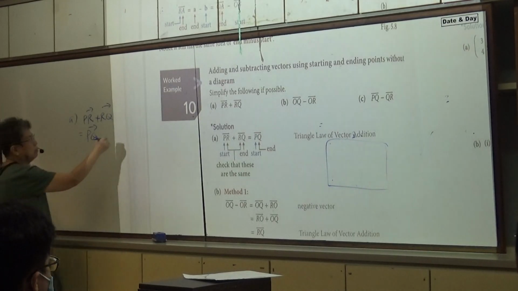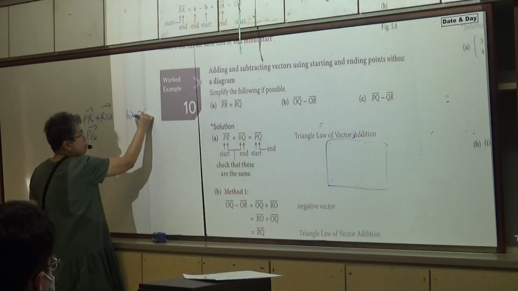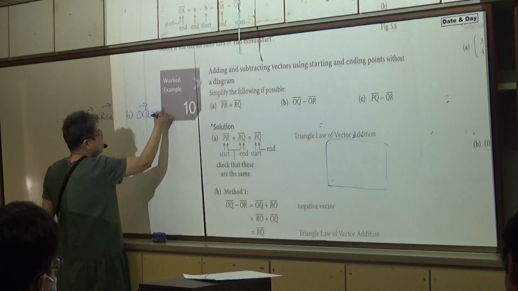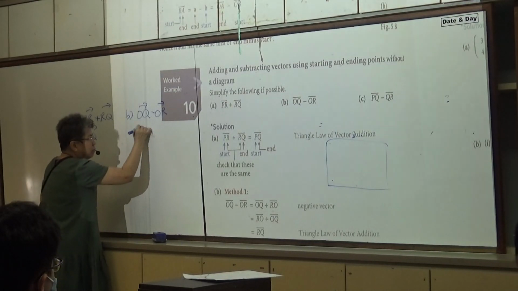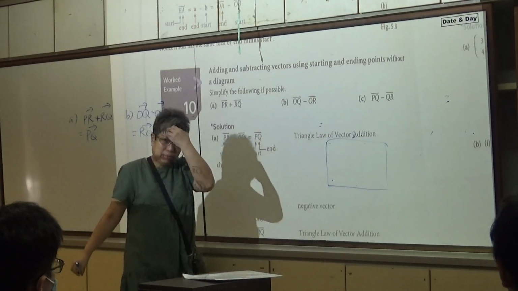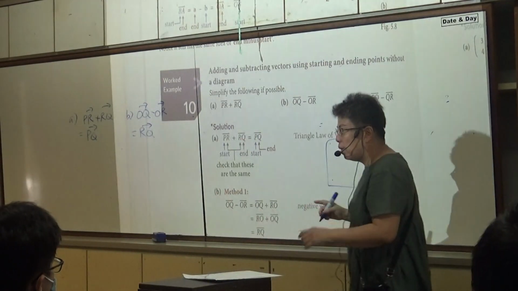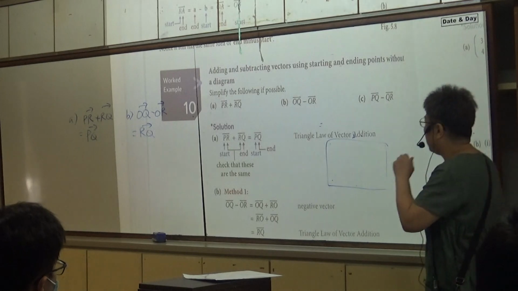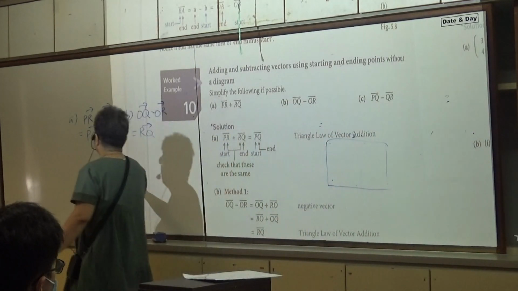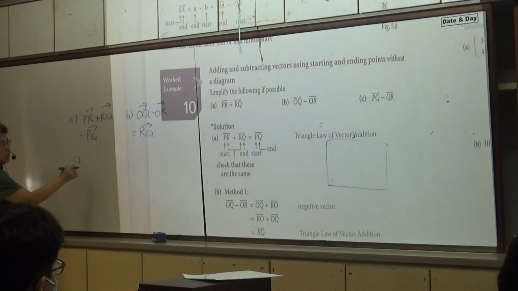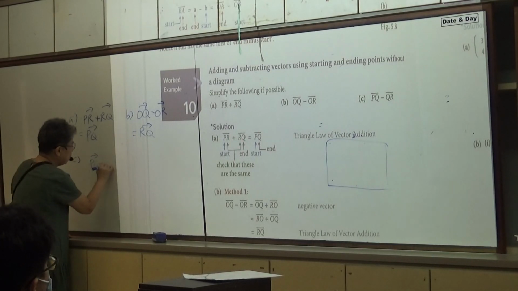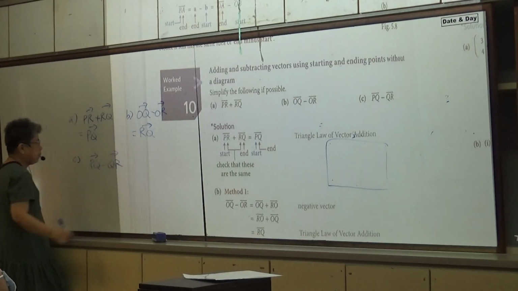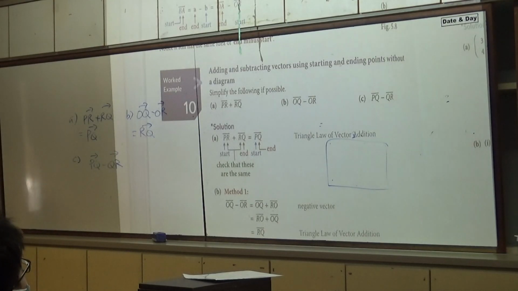Okay, next one. Part B. OQ minus OR. RQ, right? Can see? According to what I told you just now. Now, it's part C that you need further explanation. PQ minus QR.